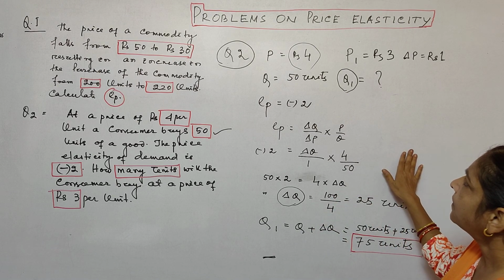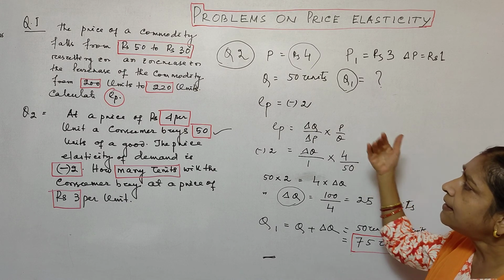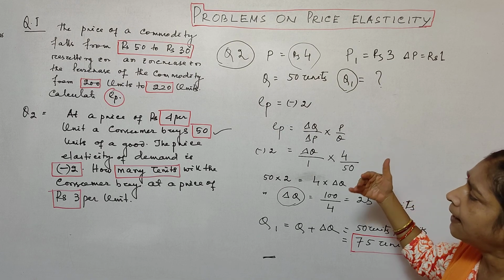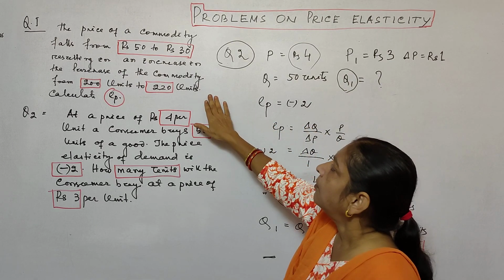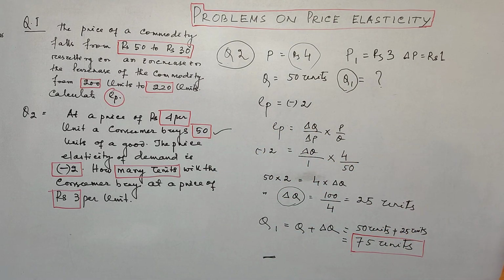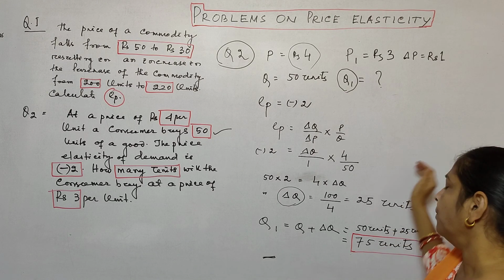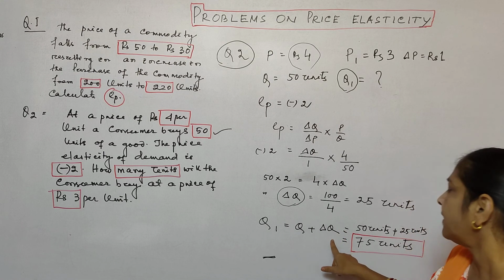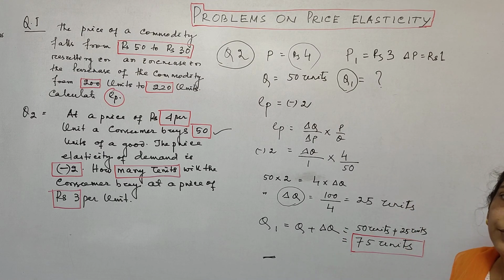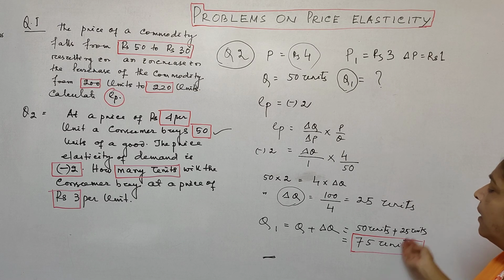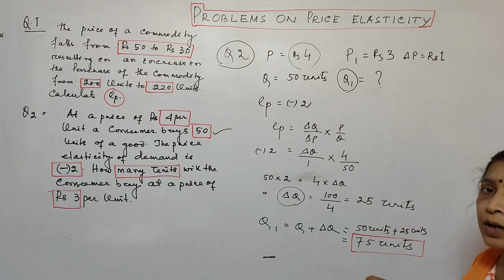There may be questions where the price of a commodity increases and quantity demanded falls. In that case, we have to subtract delta Q from Q, because according to the law of demand, due to a rise in price, quantity demanded falls.